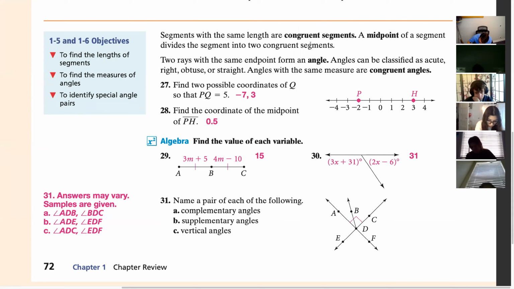Number 28. Okay, so midpoint is negative 2 plus 3 divided by 2, which is 1 divided by 2, 0.5.